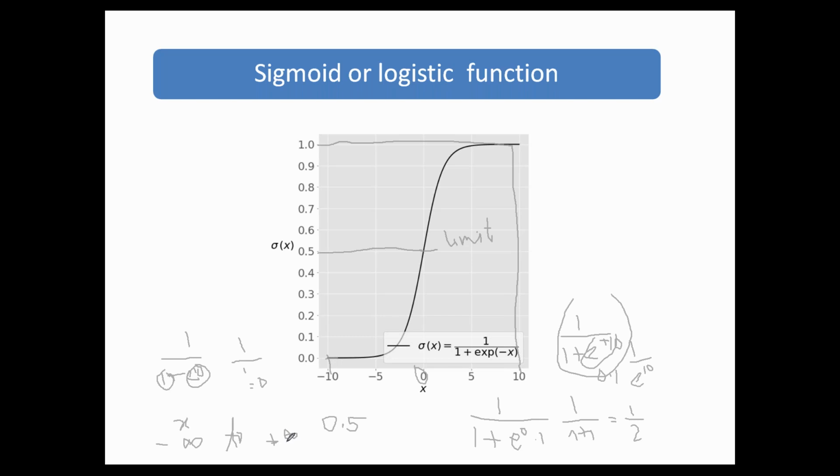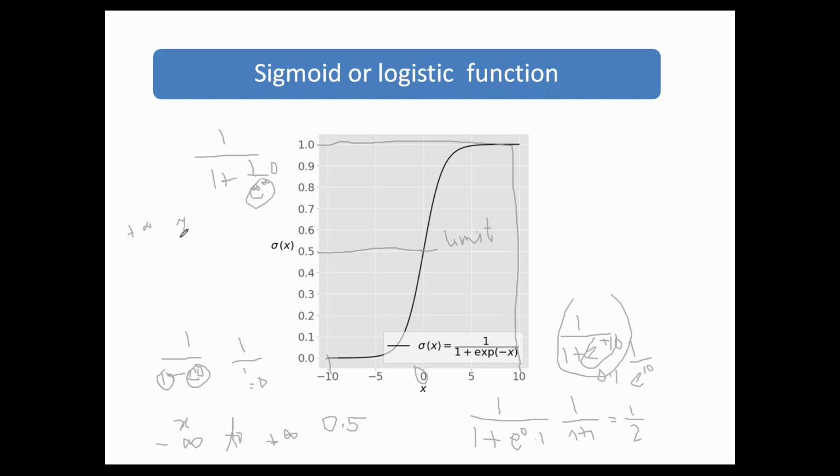When it is plus infinity, the output will be 1, because when you substitute x equal to infinity, it is 1 by 1 plus 1 by e power infinity. e power infinity is also infinity, so 1 by infinity will be 0. So at plus infinity, y will be 1.